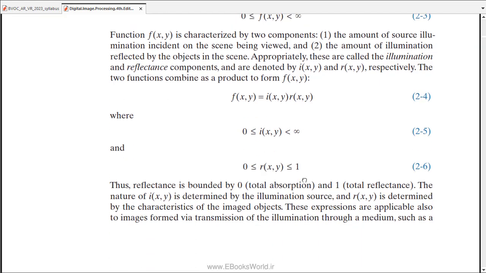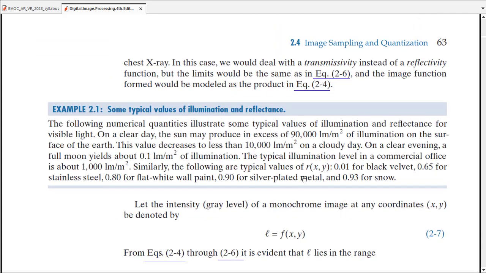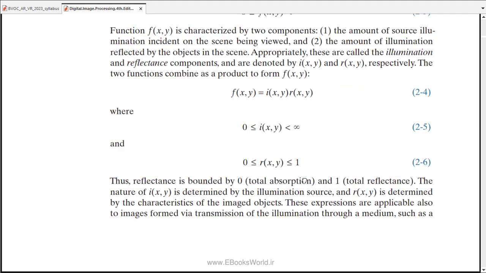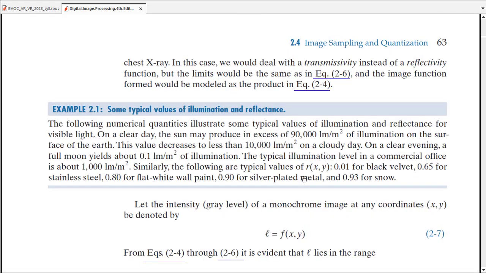Reflectance is bounded by 0, total absorption, and 1, total reflectance. The nature of i of x comma y is determined by the illumination source, and r of x comma y is determined by the characteristics of the imaged object. These objects will mainly be transmitting or reflecting light.